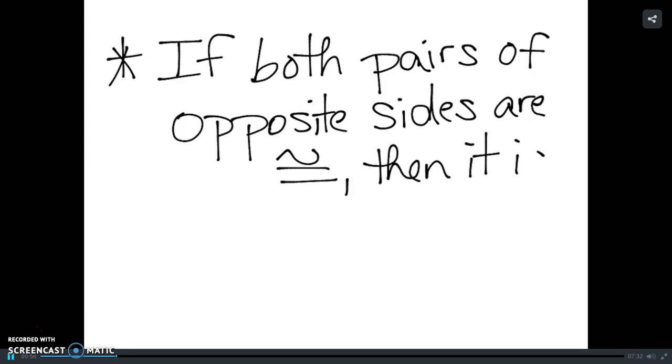Okay? So then it is a parallelogram. And remember, our symbol for parallelogram is like a slanted rectangle, right? So that's our first test.